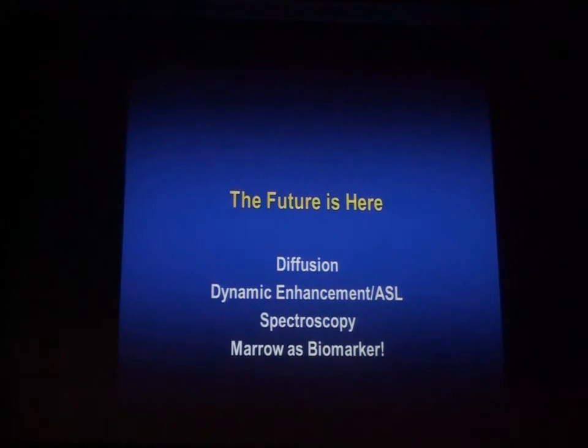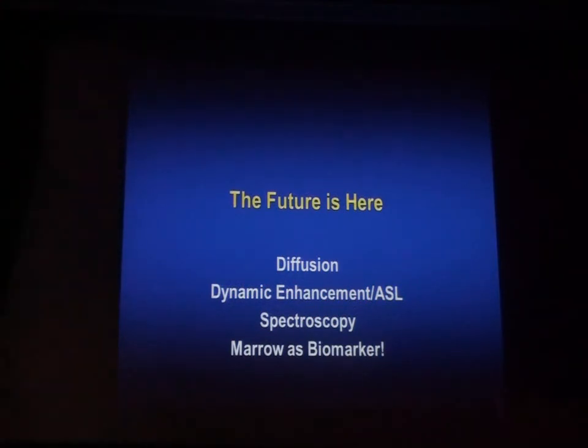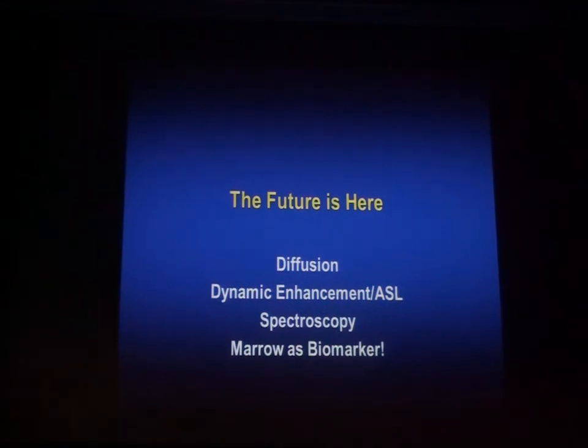So unfortunately I don't have time to really talk about some of the newer developments in terms of looking at marrow, but one point I wanted to make is that you can start to think about marrow as a biomarker for health and disease. And there are a lot of new techniques that are being explored now that are really helping us think about the biochemistry, the biomarker qualities of marrow.